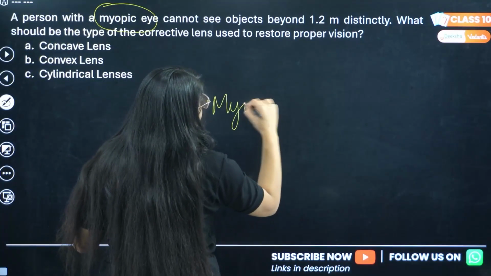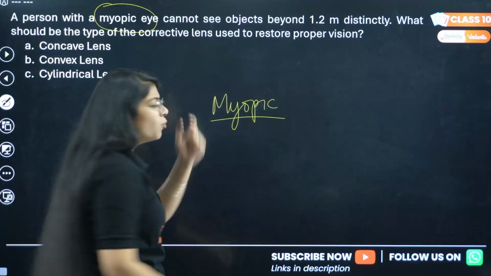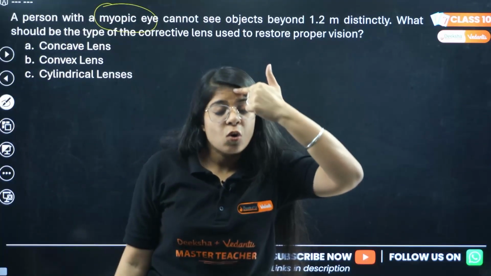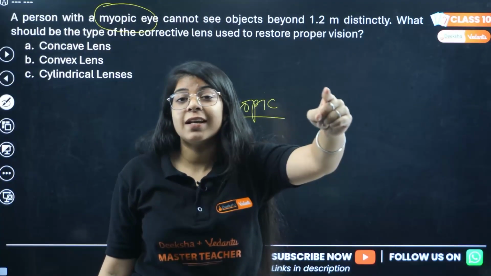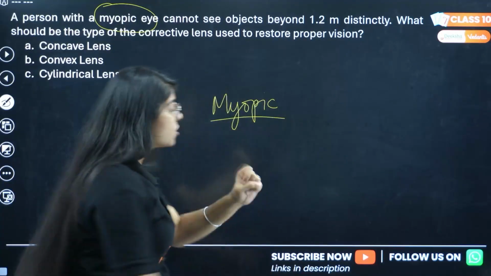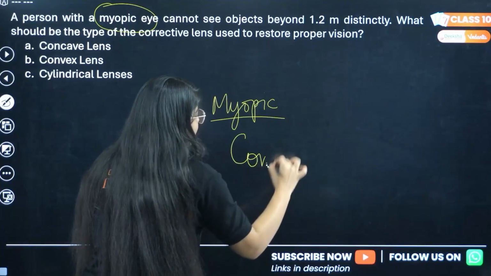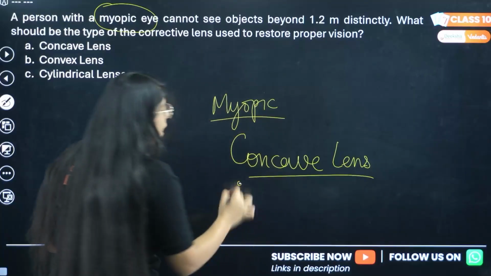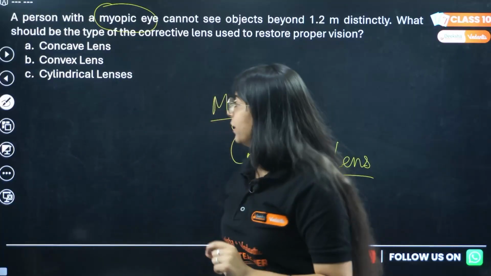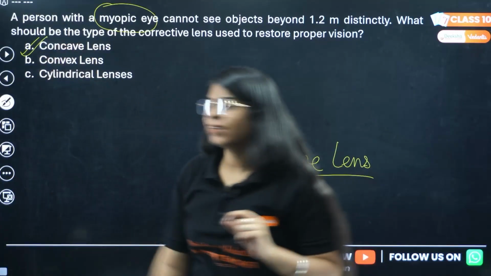When you see myopia, Aditi ma'am has myopia. So ma'am cannot see distant objects clearly, and she wears concave lenses, and those are what are used to correct myopia.